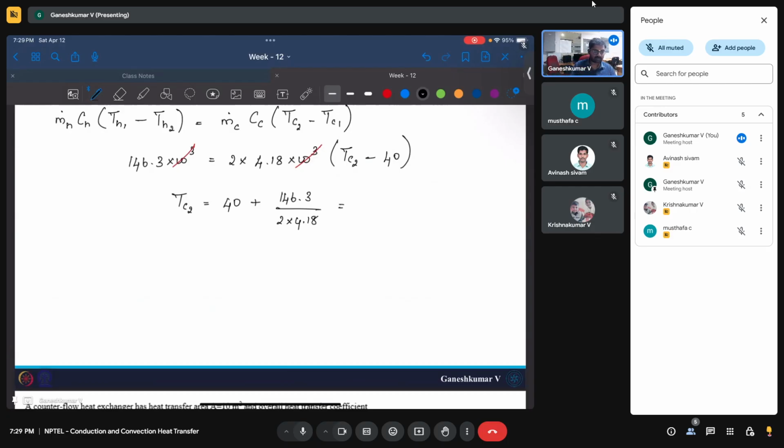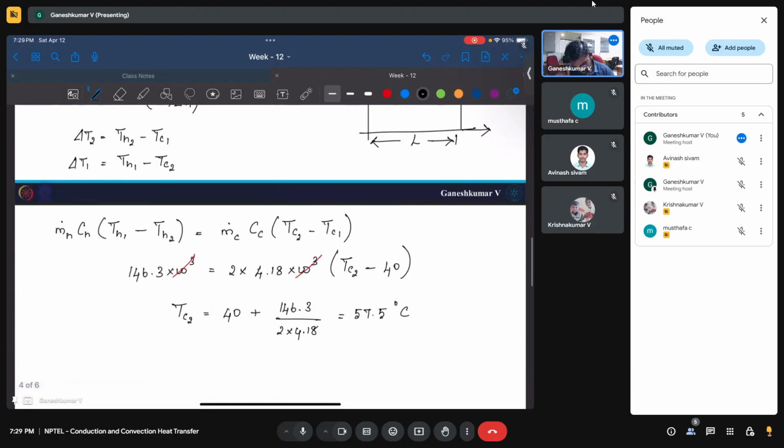How much is this coming out to be? I'm getting 17.5 for the rise. Please check my calculations. So I'm getting something like 57.5 degrees Celsius. It enters at 40 and leaves at 57.5, a higher temperature.